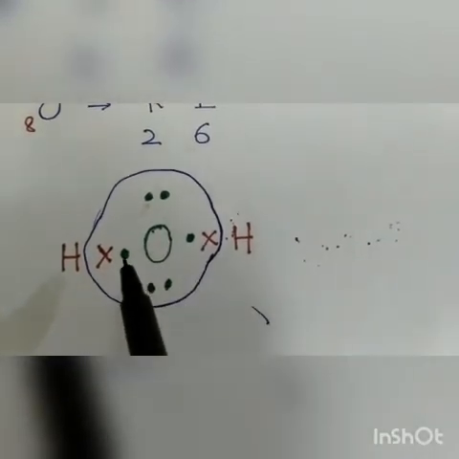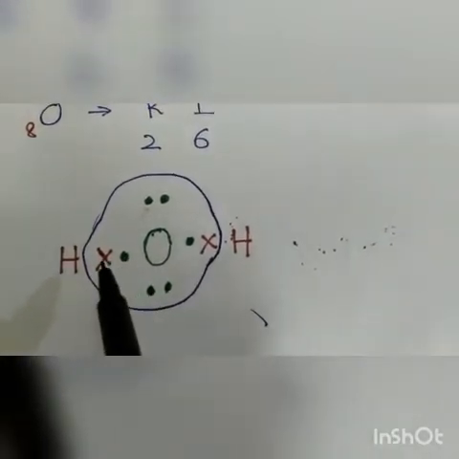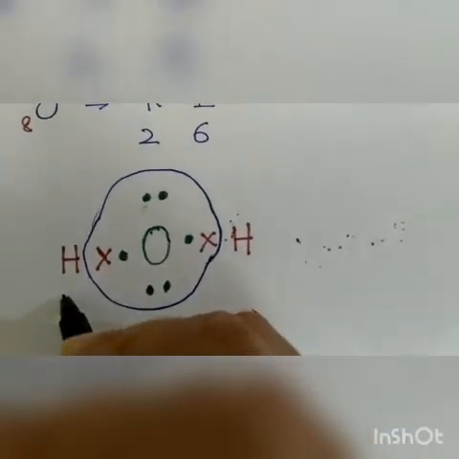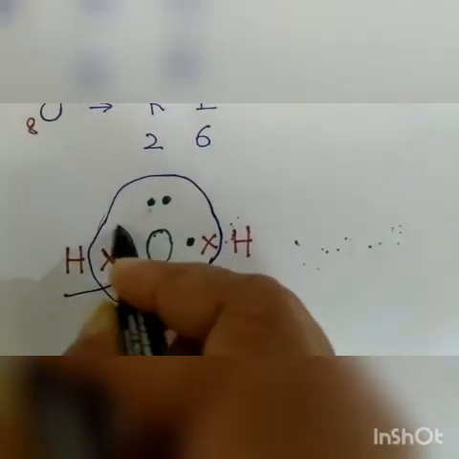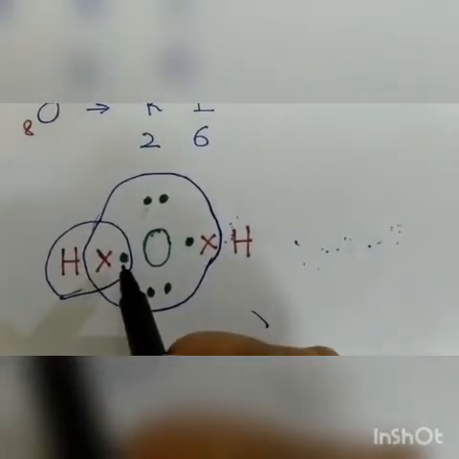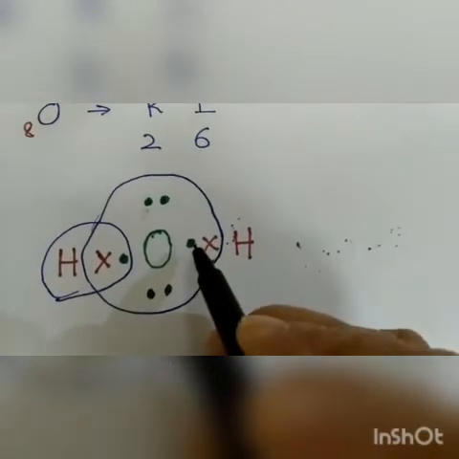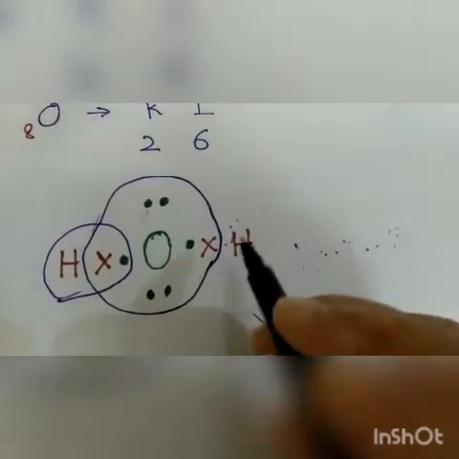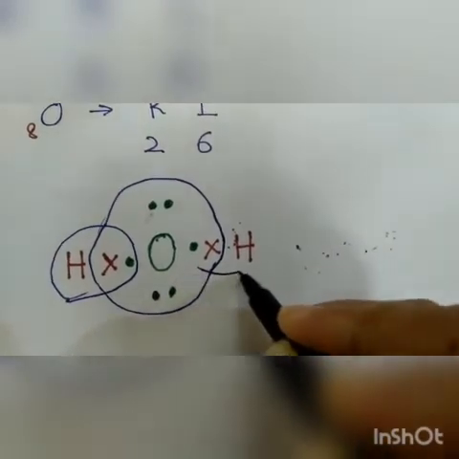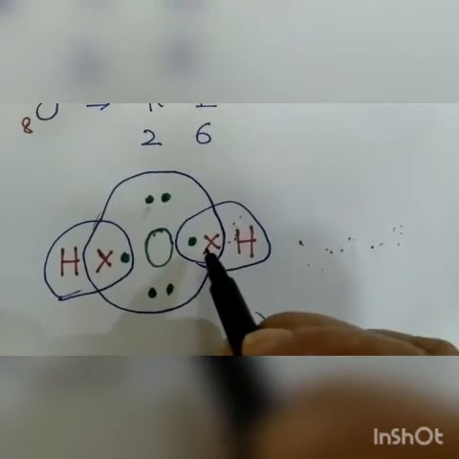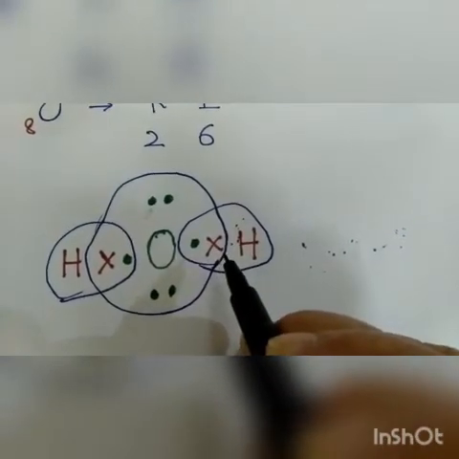Now this oxygen shares this electron with this hydrogen. So please see here students. Now if you take this hydrogen, it will have 2 electrons. Oxygen shares this electron with this hydrogen. So this hydrogen is also having 2 electrons.